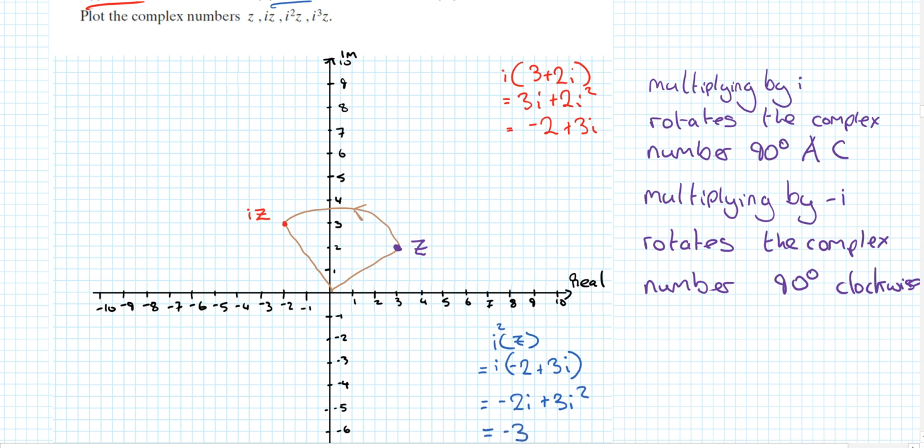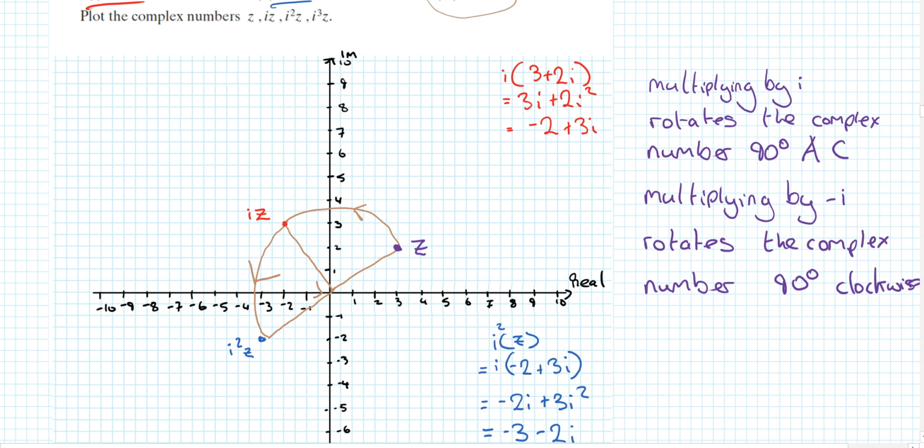It goes to minus 3 minus 2i. Where's minus 3 minus 2i? It is here. This is i squared z. And again, you can see it's rotated again 90° anti-clockwise.